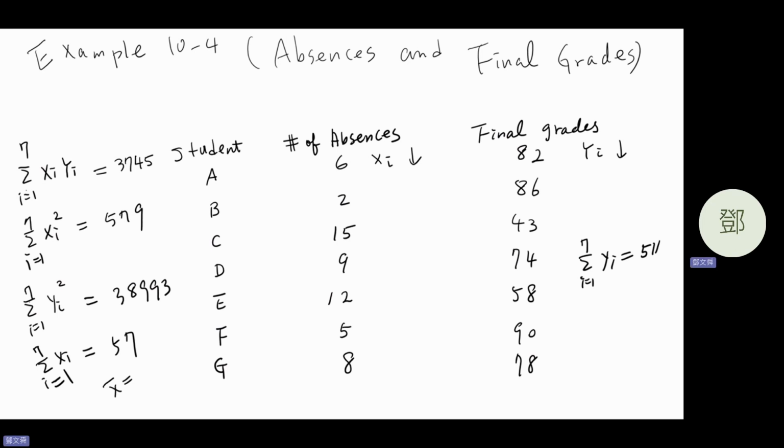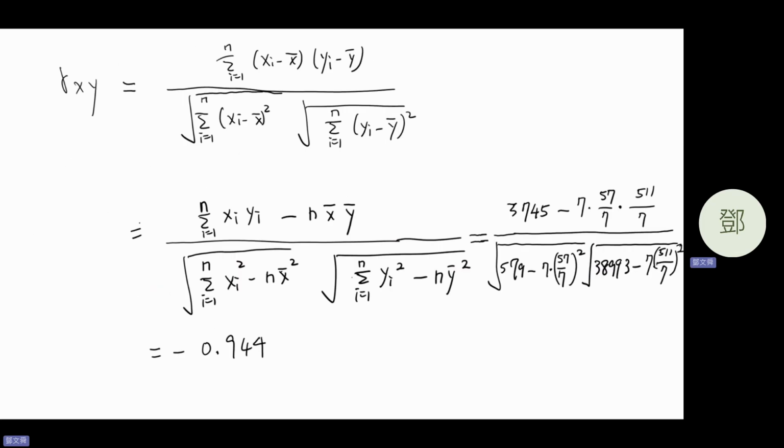Okay. And we needed to obtain the sample correlation coefficient. What is the formula? The formula is this one. And in the final exam, I will give you the numbers for this.